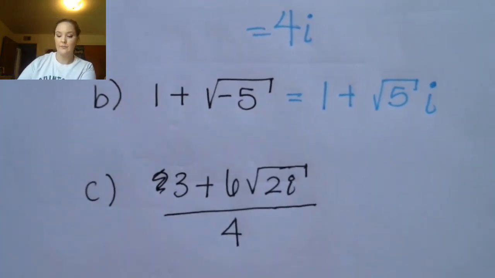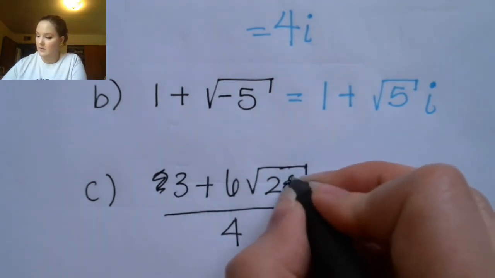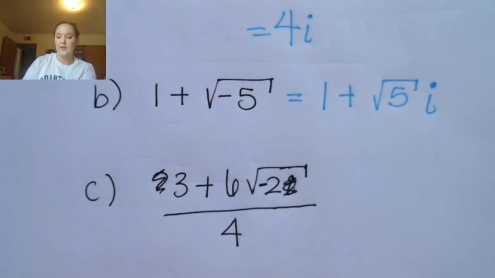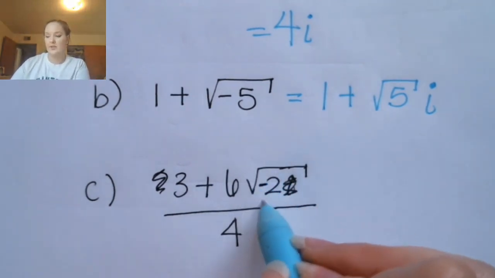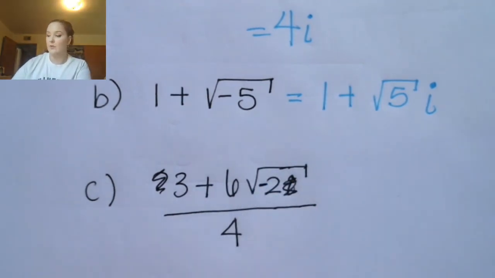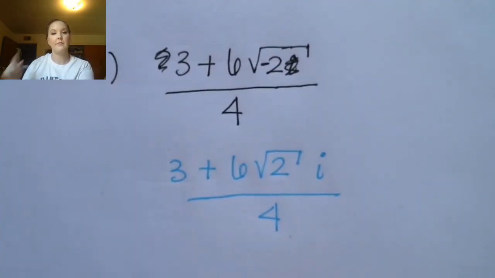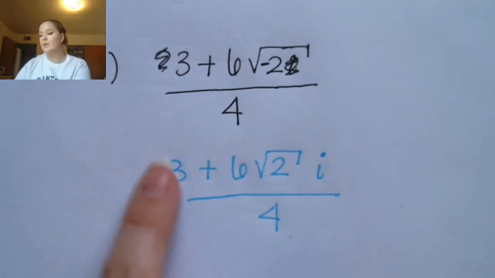So the first thing we're going to do here is say that the square root of negative 2 is the same as root 2 times i. And then we're going to split this up.